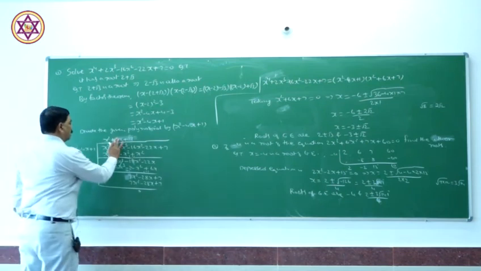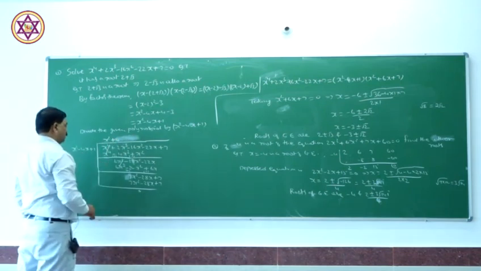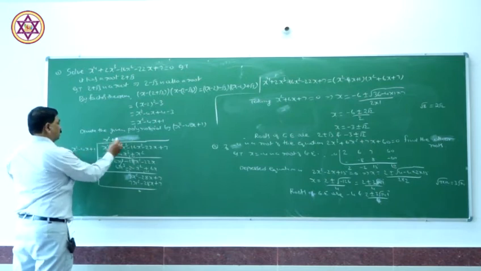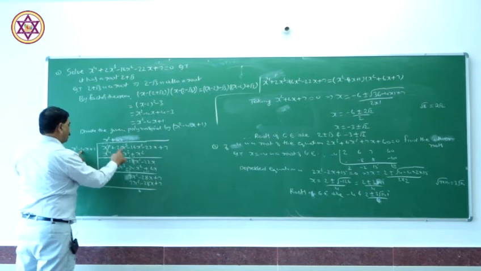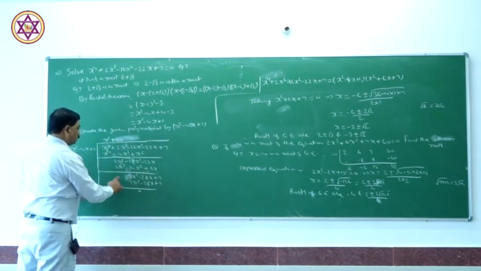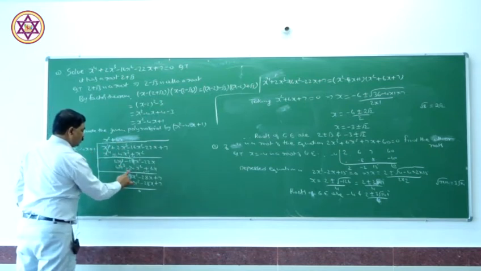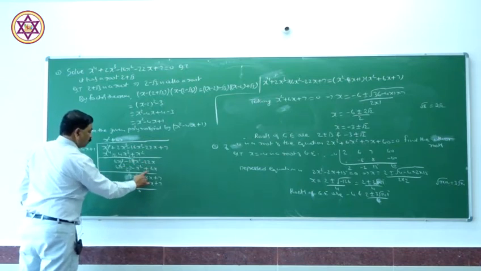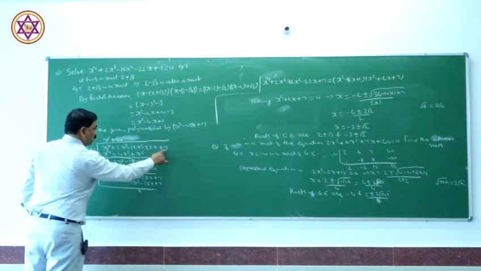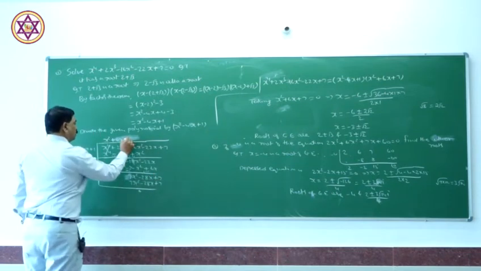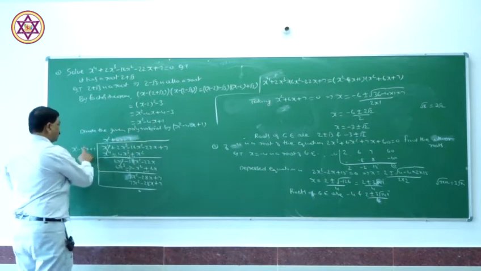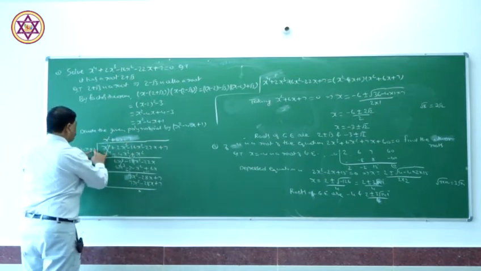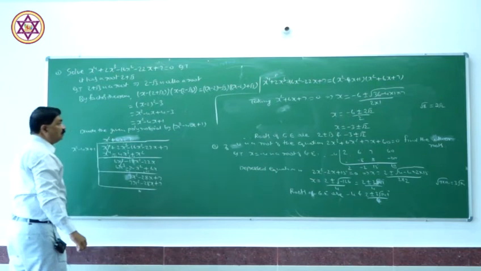Here I am taking 6x, so 6x cube minus 24x square plus 6x. So 6x cube cancels, 24 minus 17 gives 7x square, and minus 22 minus 6 gives minus 28x, plus 7. This one I am shifting here. So 7x square minus 28x plus 7, and we get 0.